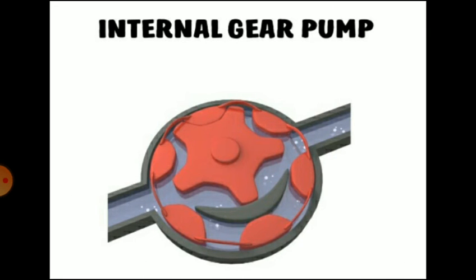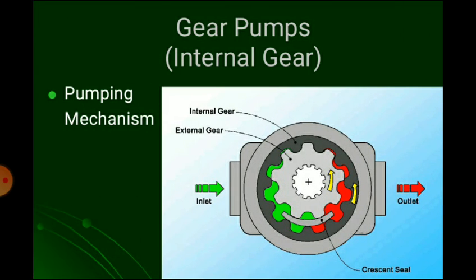Then second is the internal gear pump. The internal gear pump works on the same principle as that of the external gear pump but differs in construction. As the name implies, it has one internal gear and another external gear.